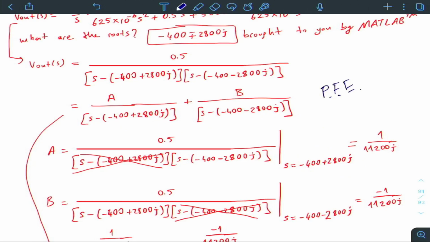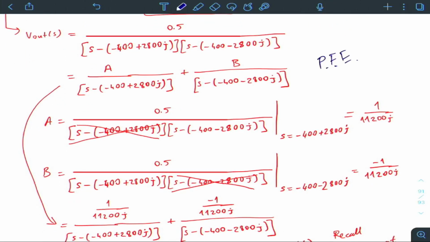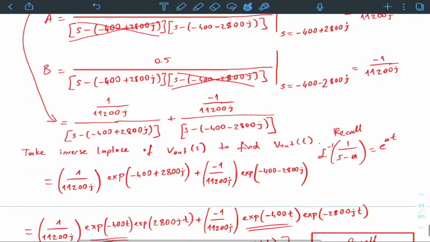This is an easy way of doing this. The other way is substituting and solving for A and B. And after this substitution, A is given by this term and B is given by this term, right?